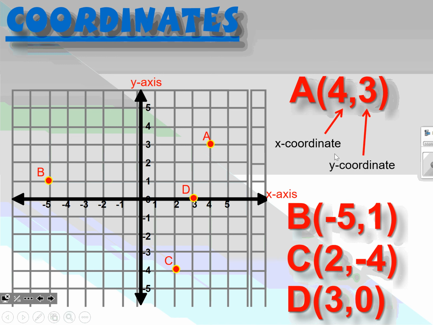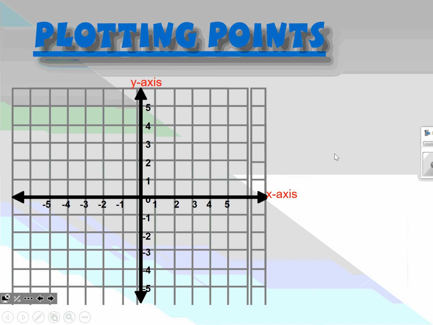So the next slide is all about plotting points. Plotting points is all about, if I give you the coordinates, you're supposed to put the point. So if I give you A is (5, 2), where is (5, 2) on the coordinate plane?